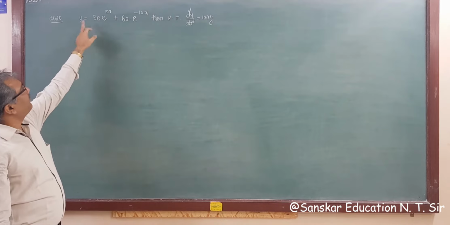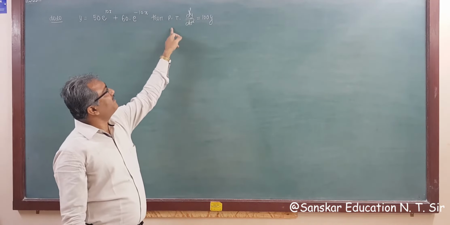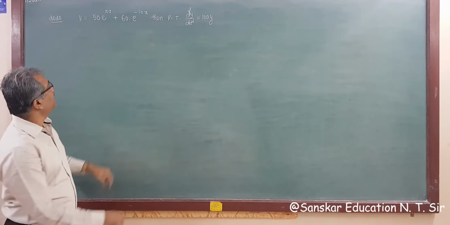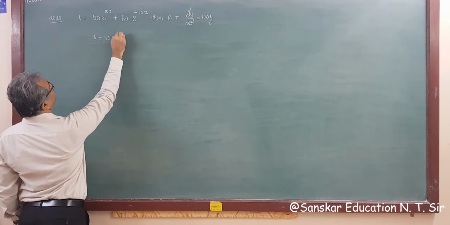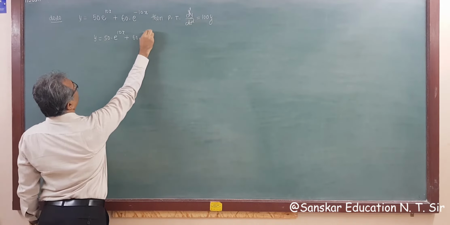Given that y is equal to 50 times e raised to 10x plus 60 times e raised to minus 10x, then we have to prove d square y by dx square is equal to 100 of y, right? So here y is equal to 50 times e raised to 10x plus 60 times e raised to minus 10x.